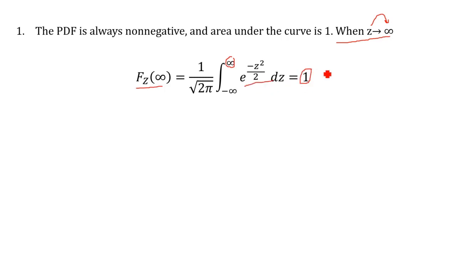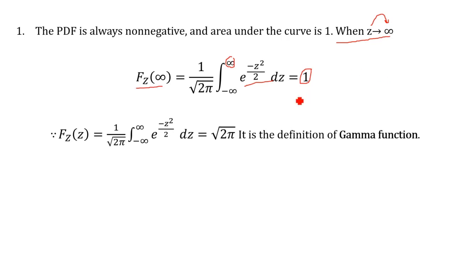Why? Because we know that the integration over the limit minus infinity to plus infinity of e to the power of minus z square by 2, dz, is nothing but square root of 2 pi. It is the definition of a gamma function.